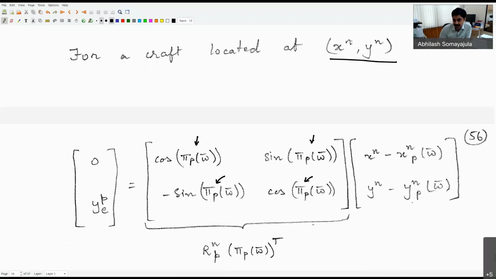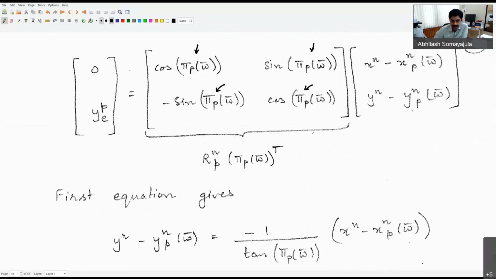Here I do not know pi p. I actually need to find out along the track of the path how far I have progressed, and based on that I have to make sure that I can find out where my x and y locations for the path tangential frame are located. Once I know those points, yes, I know pi p, and then I can actually go ahead and calculate my cross track error. Okay, but I don't know it ahead of time.